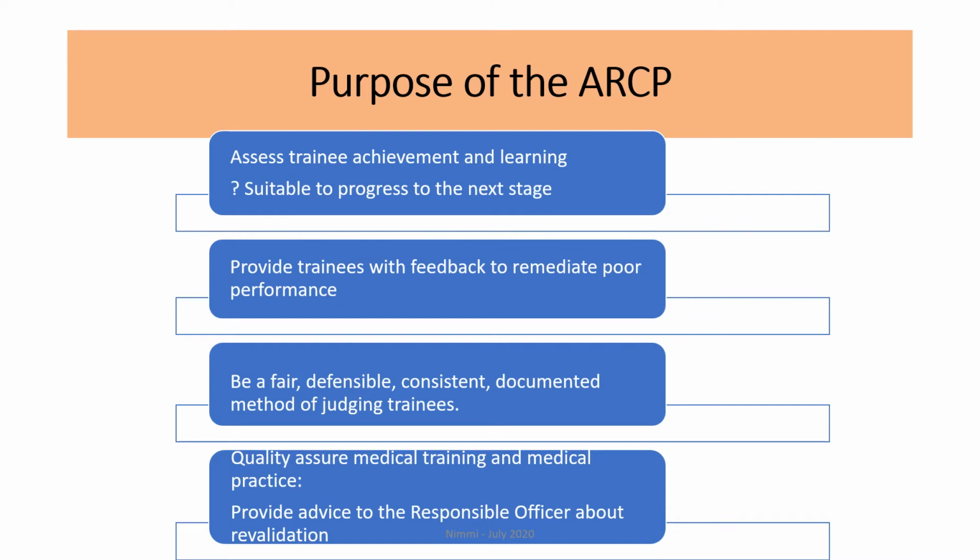The ARCP process is meant to be fair, defensible, and consistent. We will document how trainees have been judged, and the ARCP process provides reassurance about the quality of medical training, and it also advises the responsible officers about revalidation for trainees.